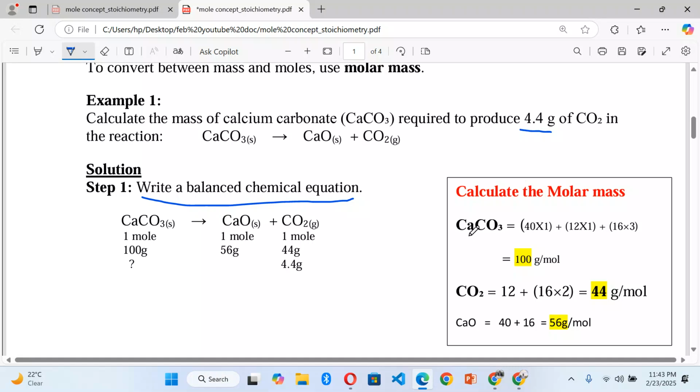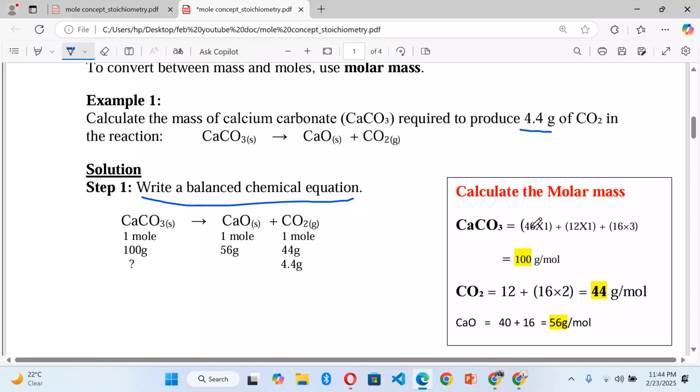Why 1? Because we have 1 atom of calcium. Then plus 12, which is the molar mass of carbon, times 1 because we have 1 atom of carbon. Then plus 16, which is the molar mass of oxygen, times 3, representing the 3 atoms of oxygen.